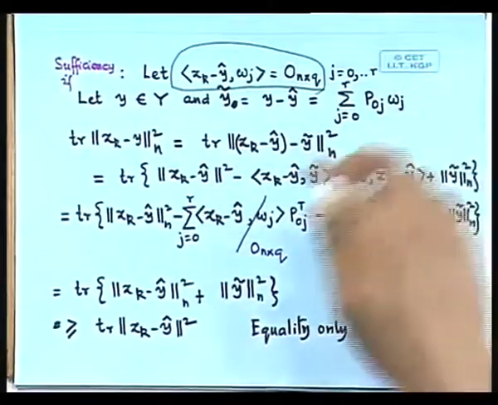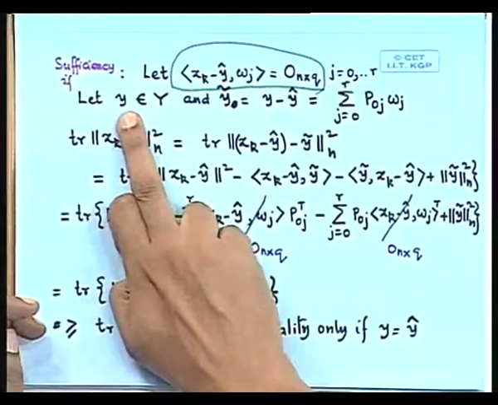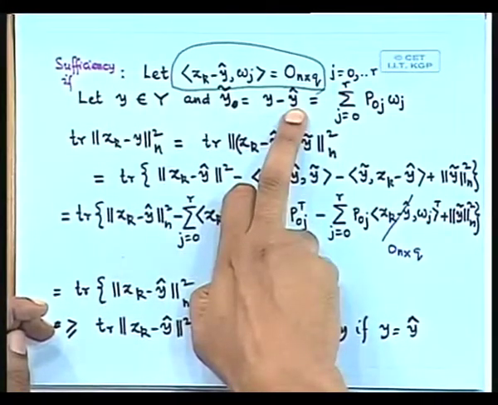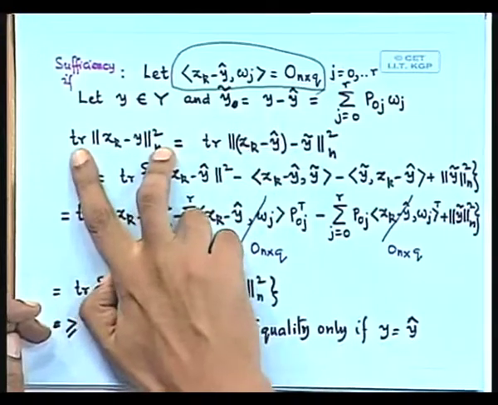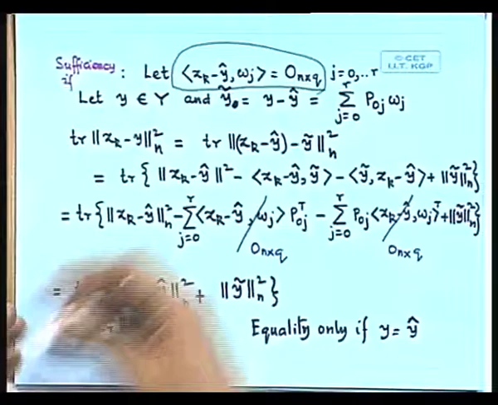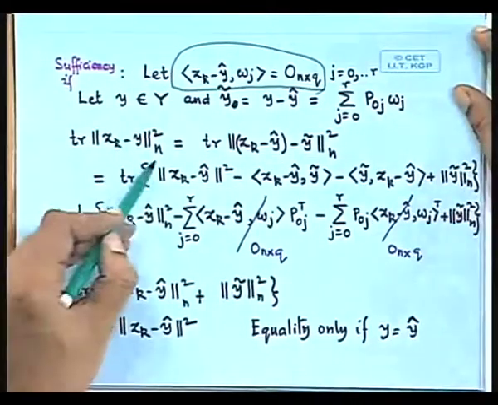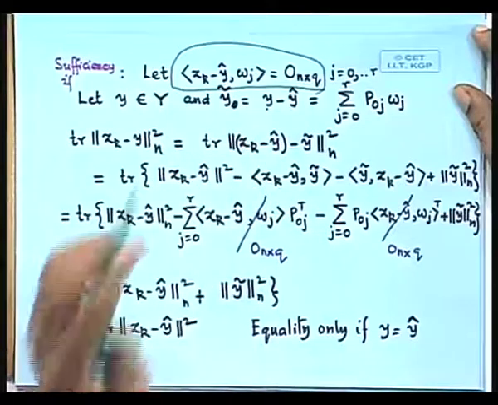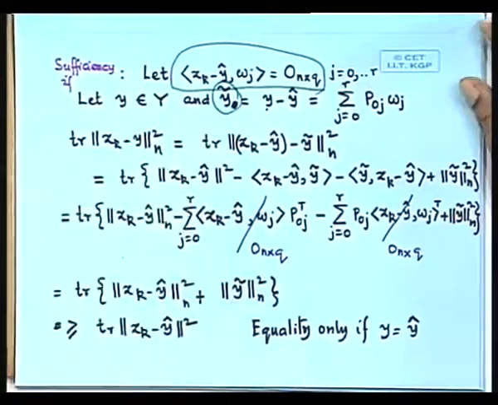then they will prove that for any estimate y which is not equal to this y hat, this function is going to be larger than that for y hat. Directly they will prove it. So how will they prove this? They will say, suppose y is different from y hat. In that case y tilde is not 0, it is some vector.